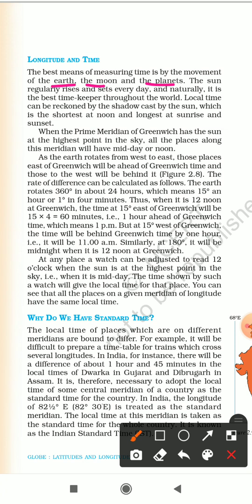For example, if it is 12 noon in Greenwich, then in a place to the east it will be 1 p.m. at the same time, and in a place west of Greenwich, it will be 11 a.m.